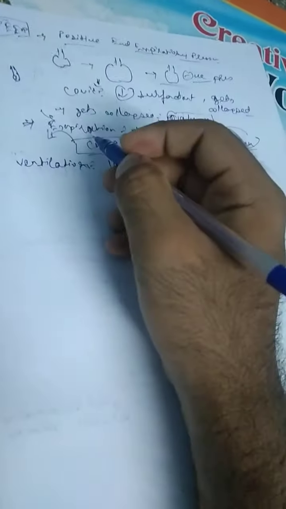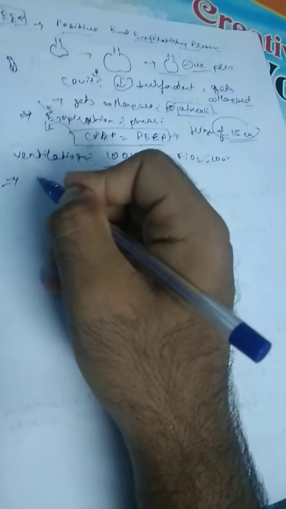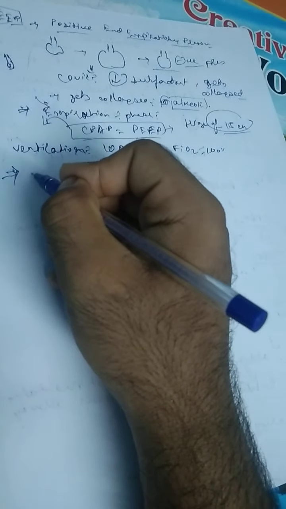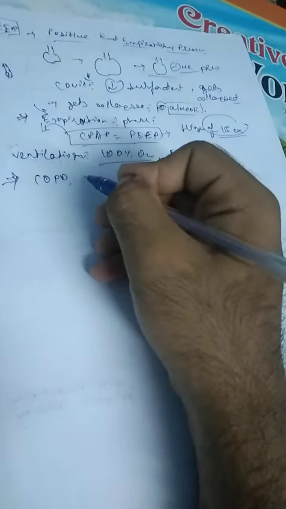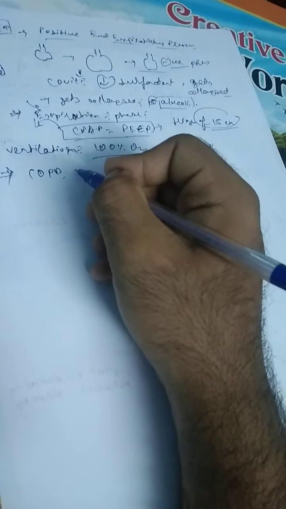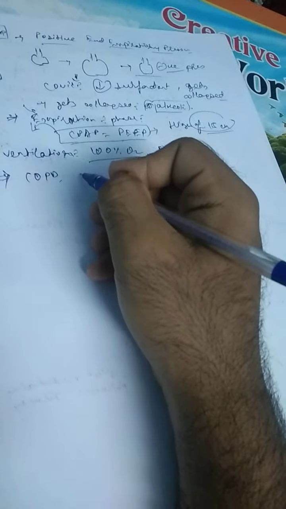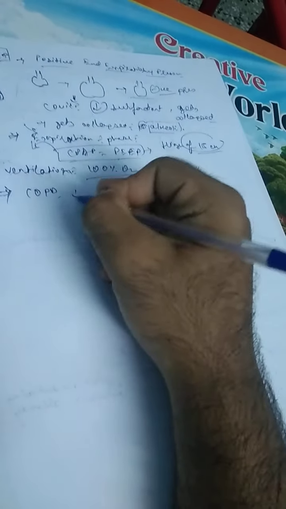Now, one more thing that I want to say, that in PEEP there is a condition like in obstructive lung diseases like COPD or asthmatic patients. What happens is that the property of the lungs to come back to its expiration phase is reduced.